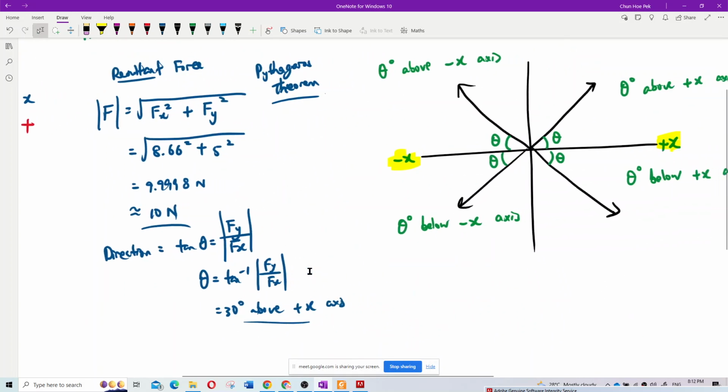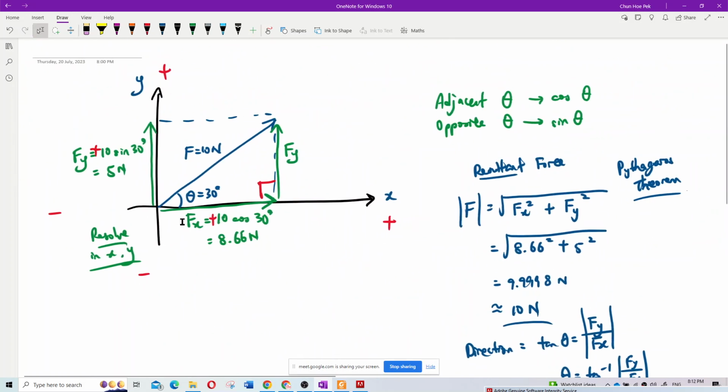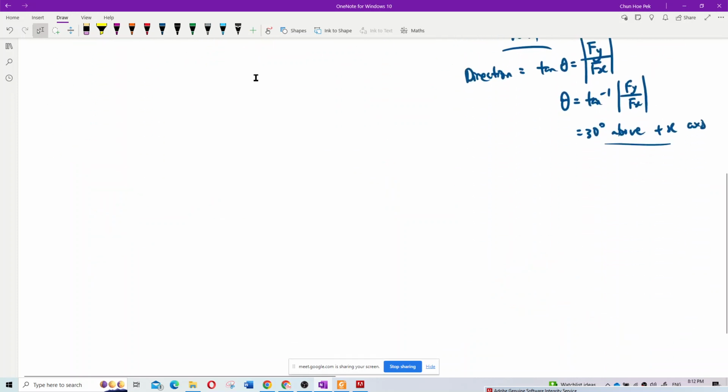But now the question is, we are only dealing with one force, but let's say I have multiple forces. What should we do? Let's say an object. This is the object.